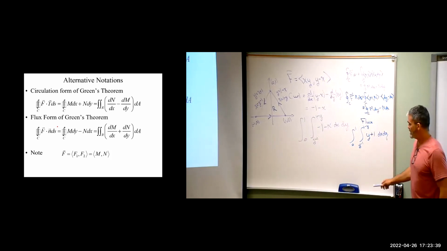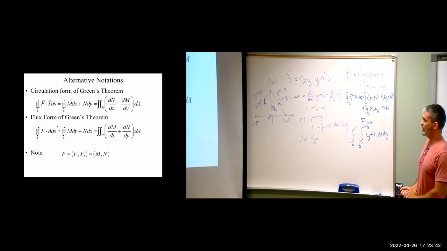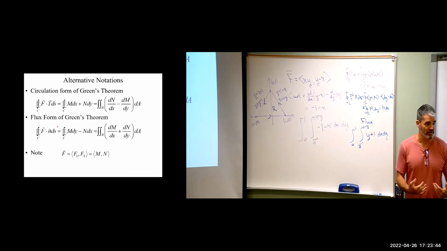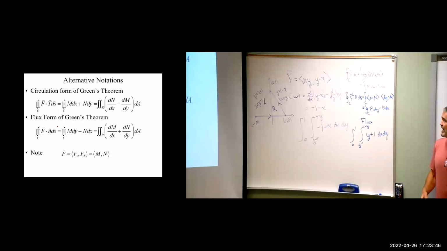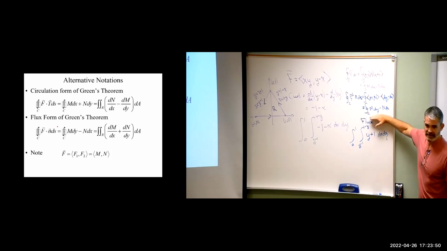All right. Now I show you these alternative forms because sometimes in the problems, it'll give you a vector field, it'll give you a path, and then it'll say calculate this. We need to know that when we see this, this is telling us that we're doing the flux integral. Okay.